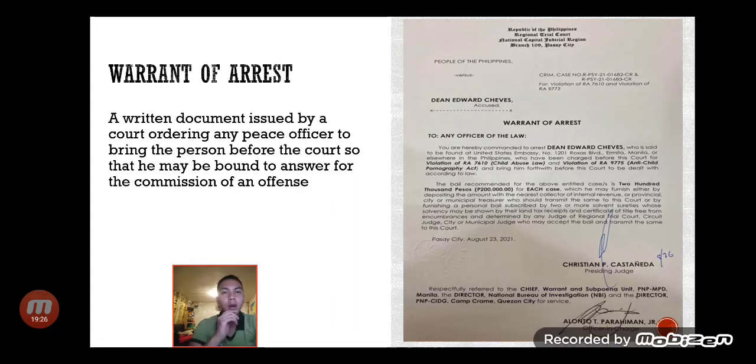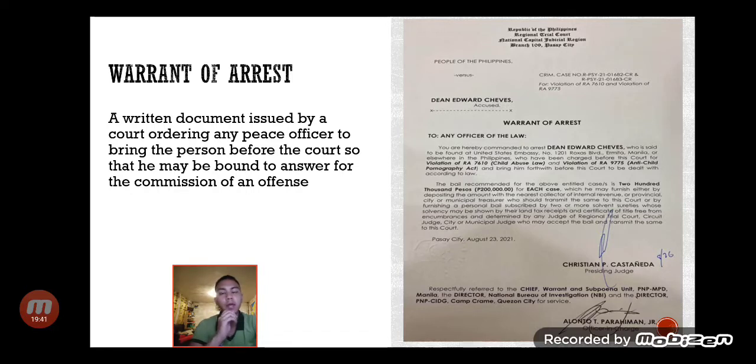So ang warrant of arrest is a very important document, especially for law enforcement to apprehend, legally, ethically, morally, a person.